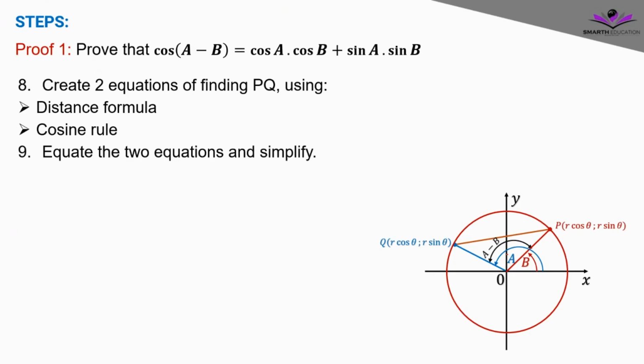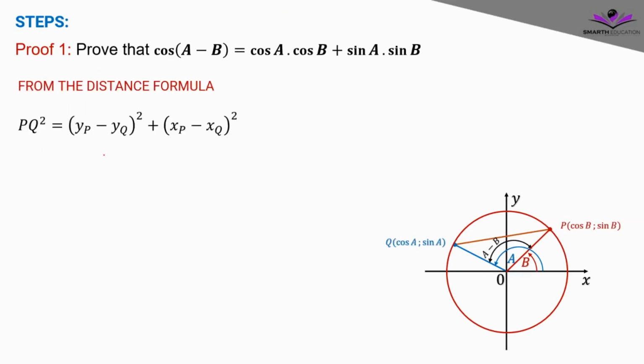I want us to find PQ squared using the distance formula, and then after that we're going to find PQ squared using the cosine rule, and then we do the equating and simplification. From the distance formula, check here, we said P is R cos B, then R sin B. This is a unit circle, our radius is 1.